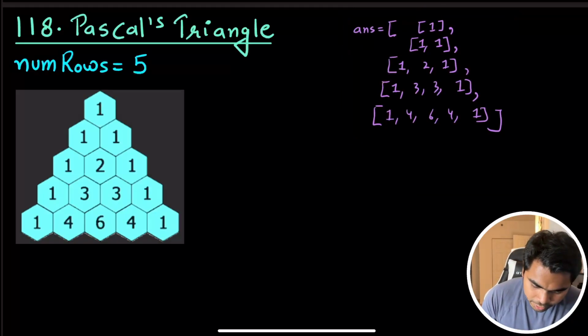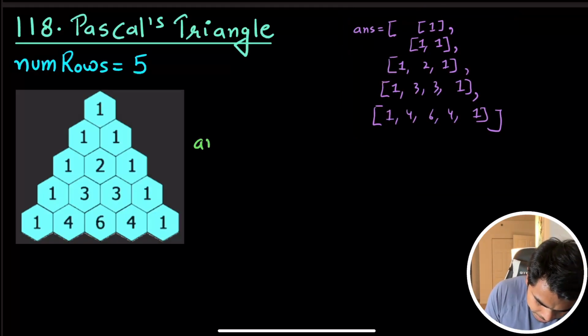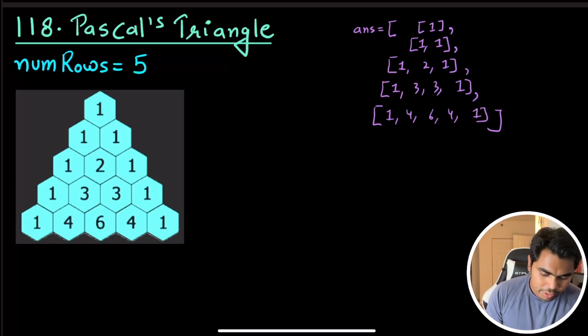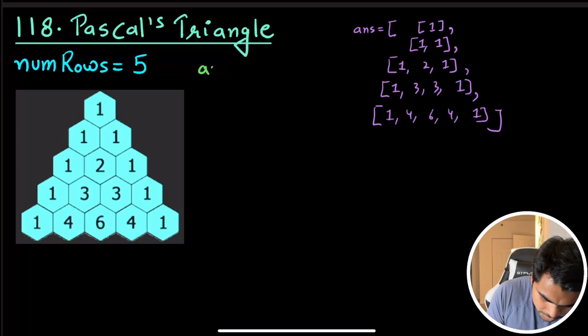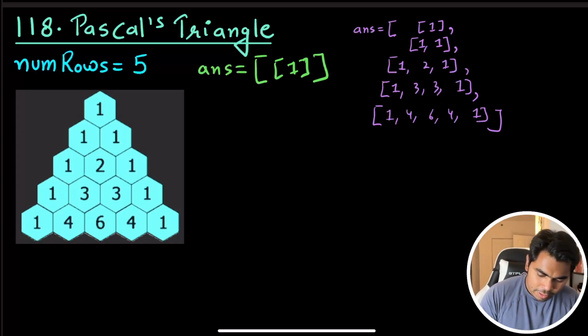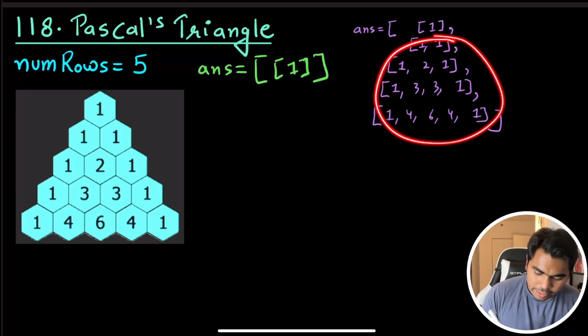So how will I do it? Initially I will have my answer not empty; the initial value is 1, and that's something we'll have to declare ourselves. So in the beginning this 2D array has the first row, and all the rest of the rows we can calculate and append.